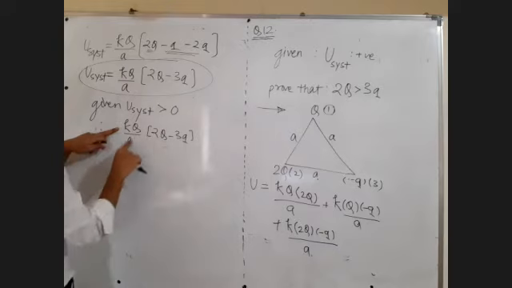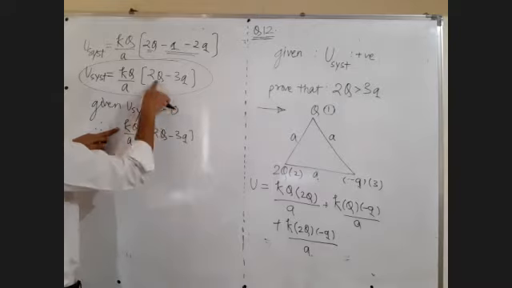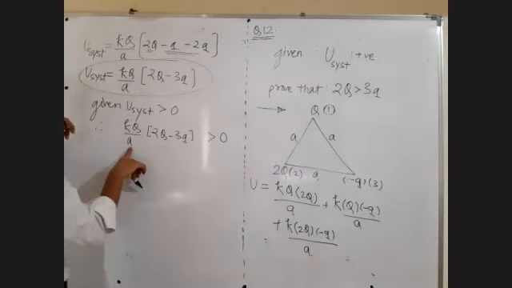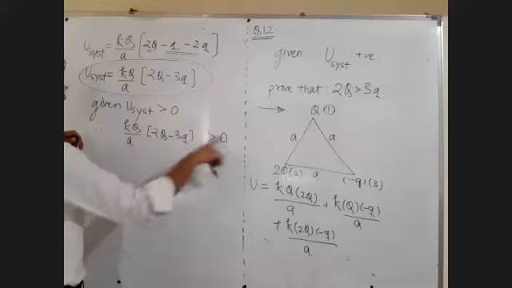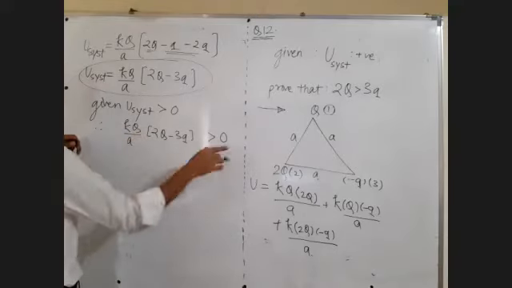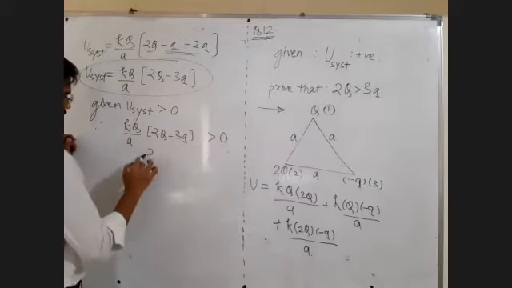KQ upon A is the replacement for the U of the system. kq upon a in the bracket 2q minus 3q. This value is more than 0. Okay, 0 into a is 0, so a on the right hand side, kq upon kq, so this on the right hand side will become 0.